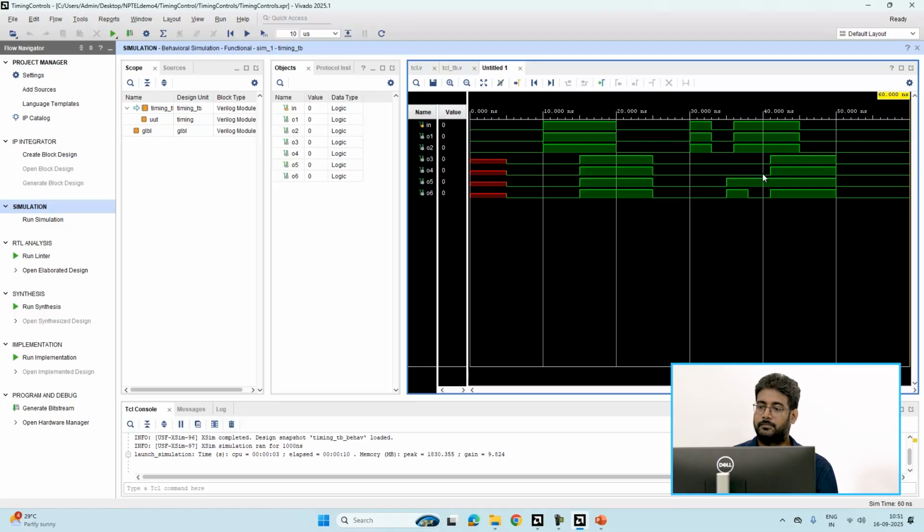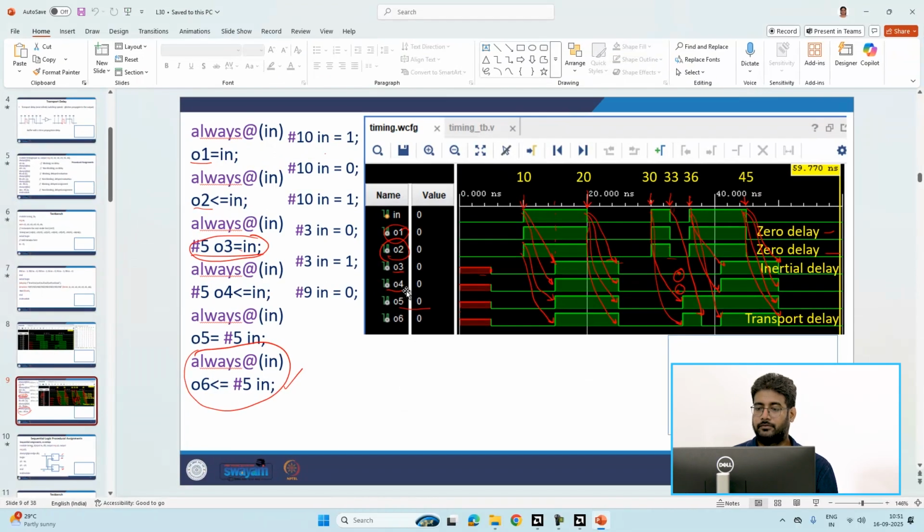So this glitch is not passed, and we got the output like this, as can be seen in the slide also for o4. This non-blocking statement is evaluated, but by this time input has changed, and so it doesn't reflect here. By the time it is assigned, the signal was not there. So it is not showing here, meaning it is like inertial delay only.